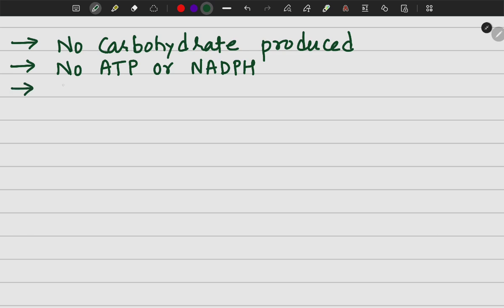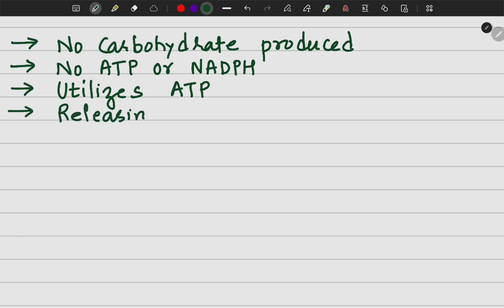Instead, photorespiration utilizes ATP. It is not producing ATP, but it is utilizing ATP. It is utilizing the energy. And it is also releasing carbon dioxide.